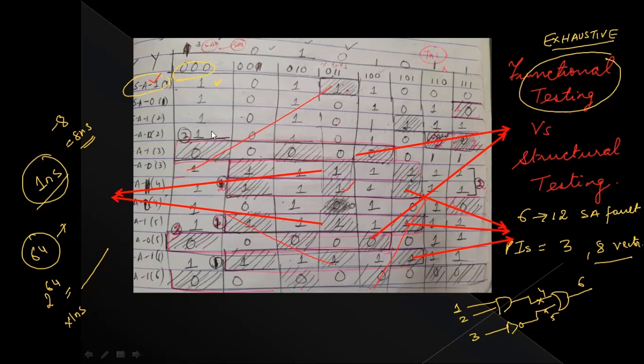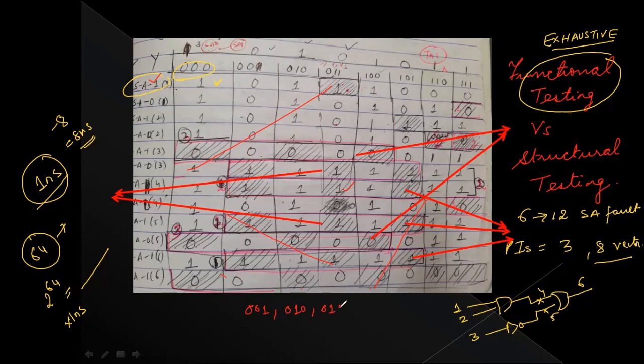So if I examine carefully from this table, I find out that vector 0 0 1, 0 1 0, you can examine from this and then see.